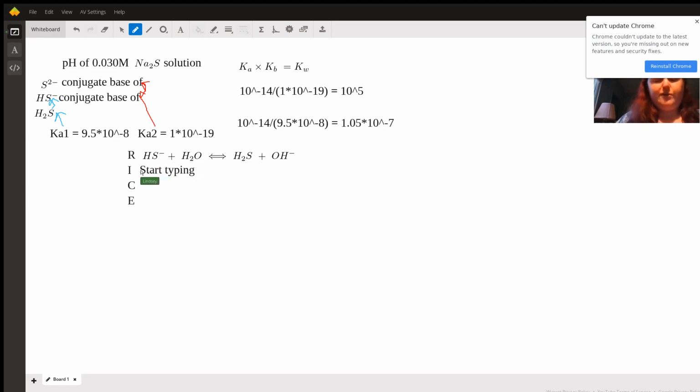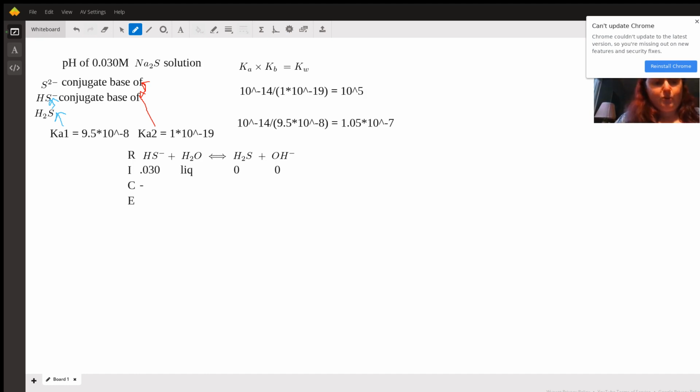Well, we start with all of the originally S2 minus because we said that first step went totally to completion. So we end up with 0.030 moles. H2O is a liquid, so we can ignore it. It does not appear in the equilibrium. And we start with none of hydrogen sulfide or hydroxide.